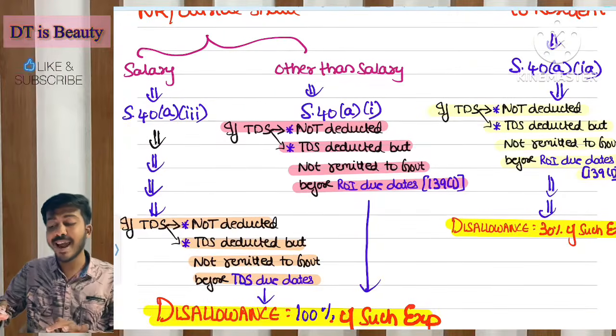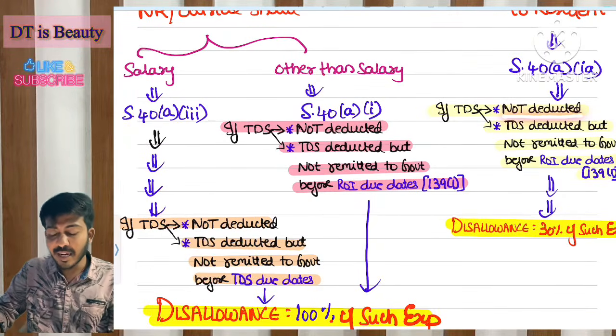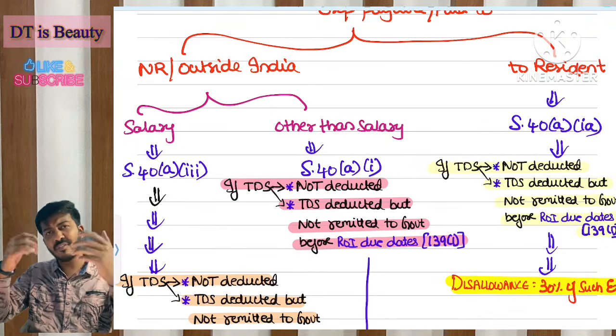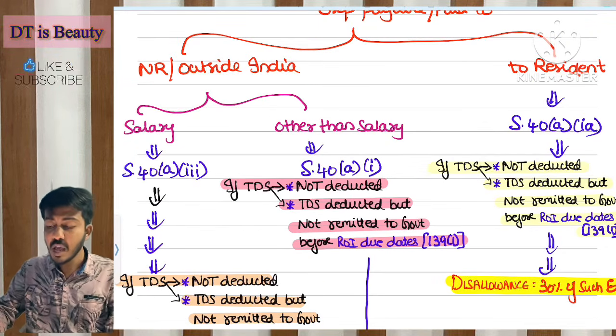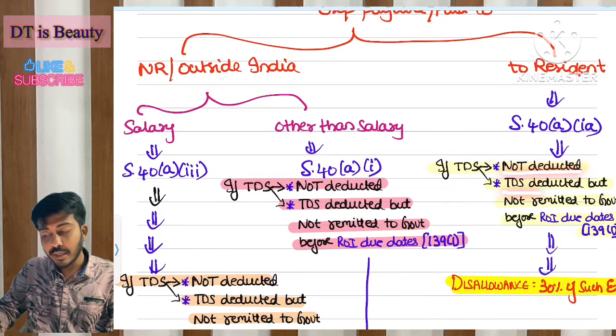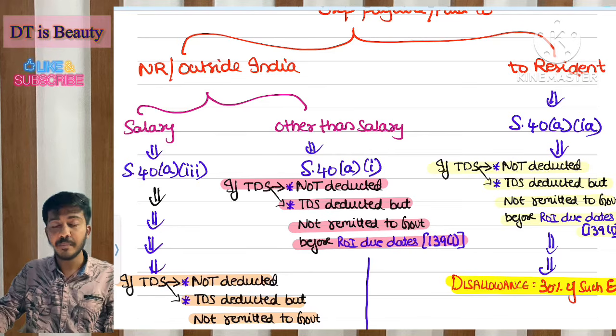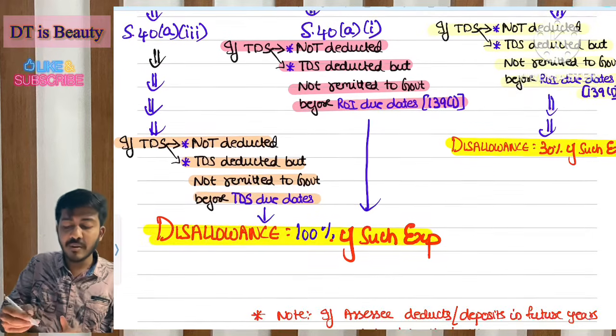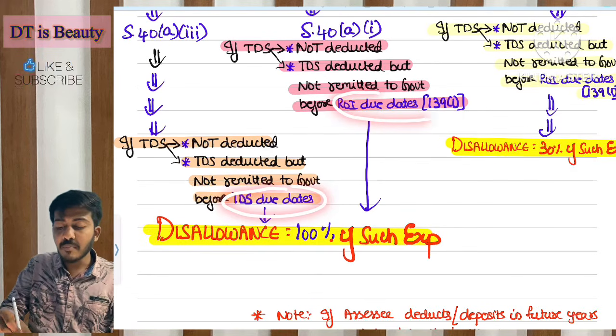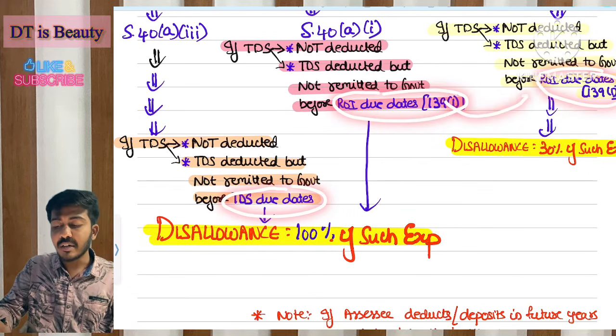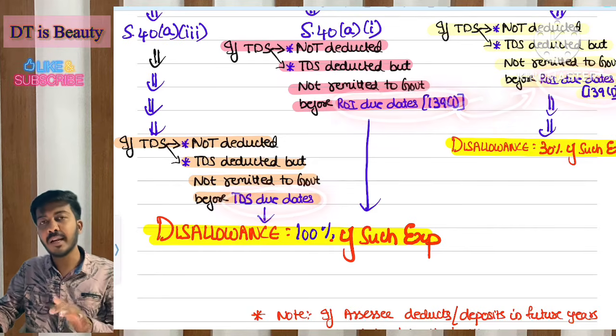Come to the resident category. For residents, there is no salary category, everything is a single category only. TDS is not deducted, or TDS is deducted but you did not remit it to the government account before the income tax due date. Only for salary of non-residents it is the TDS due date. For the remaining two categories it is the return of income due date only, the 139 one time limit.